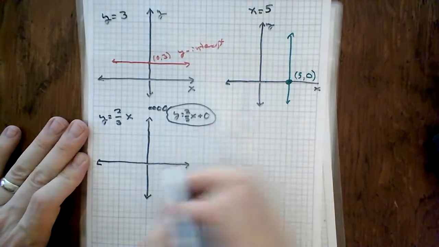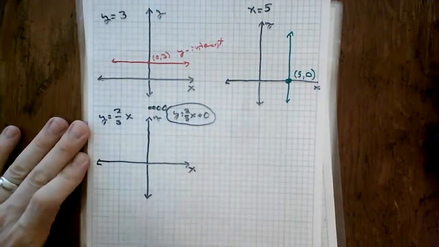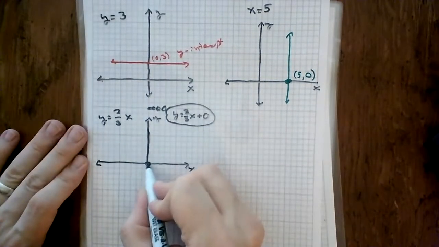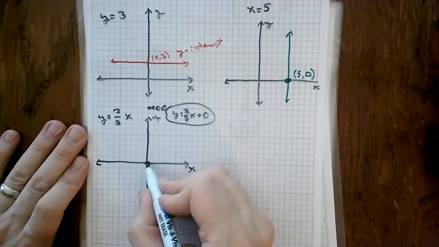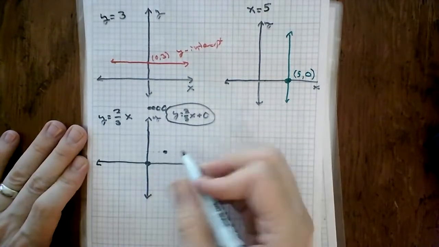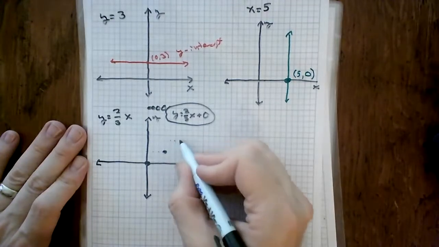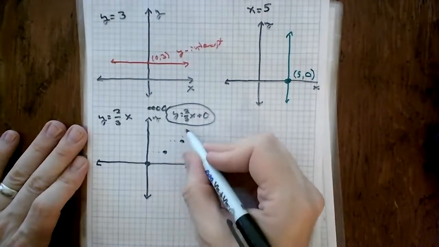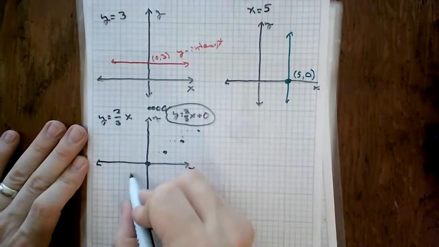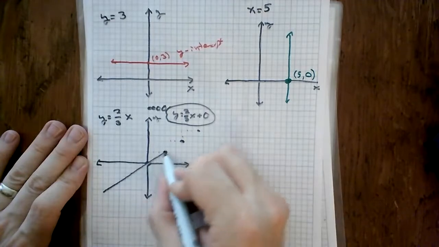That's still valid. So what we're doing here is we're just using our slope to graph. It's going to go through the origin. I'm going to have a rise of 2, 1, 2, for a run of 3, 1, 2, 3, right there. And I can just count this as often as I want. 1, 2, 1, 2, 3, right there. 1, 2, 1, 2, 3, there. So we've got our pattern right here.